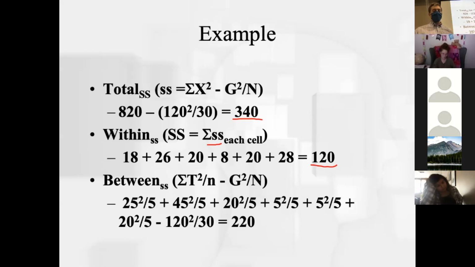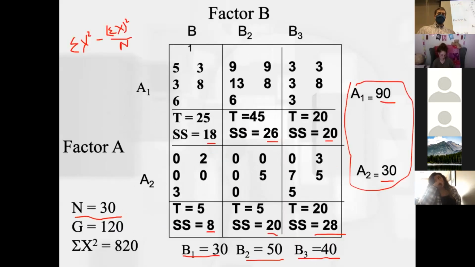Then for our between subjects sum of squares, as Caleb said, it's the sum of every t squared divided by n. And then from that sum, you are subtracting the grand total squared divided by big N, or the number of observations. So total 1 is 25.